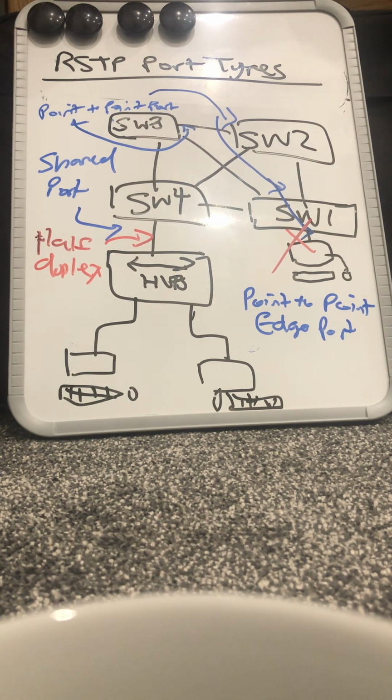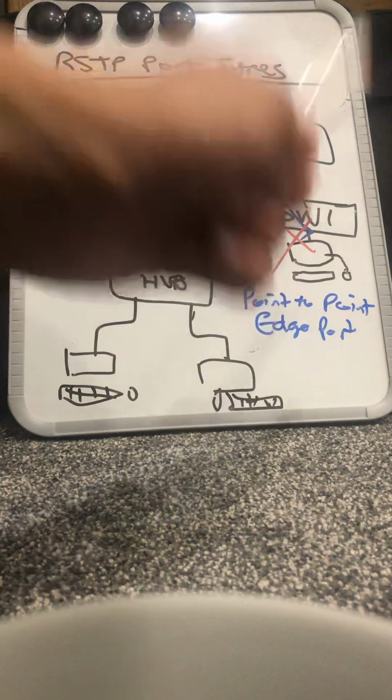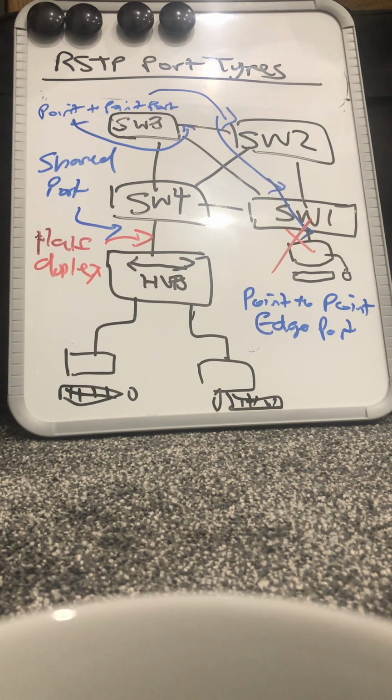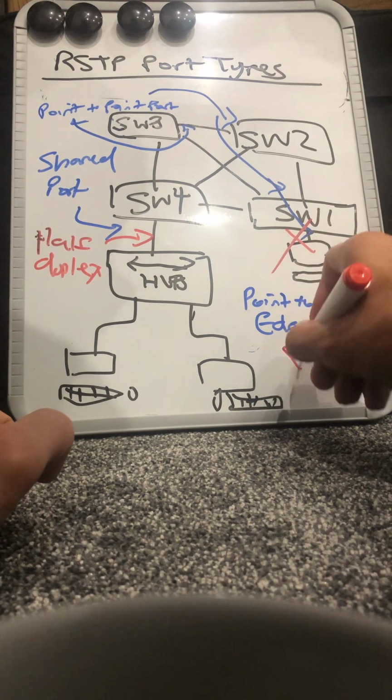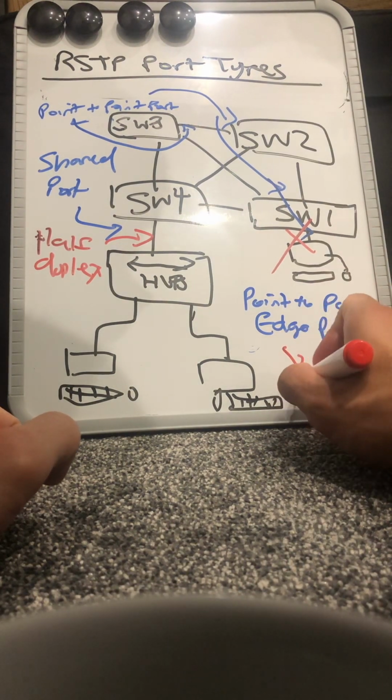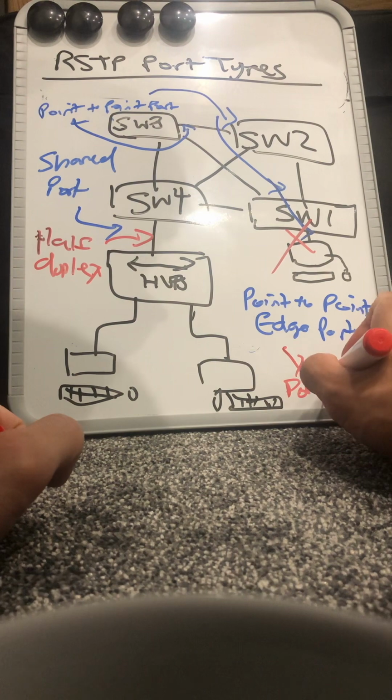When we go into the topic of PortFast, which won't be long, that will be discussed, because PortFast and the RSTP point-to-point edge port go hand in hand. This links to PortFast, which will be discussed in upcoming videos.